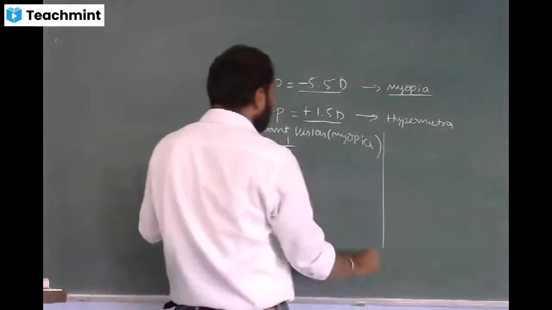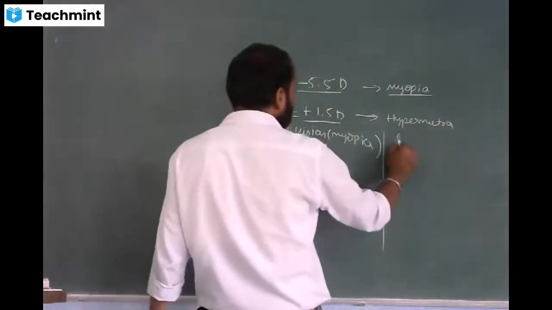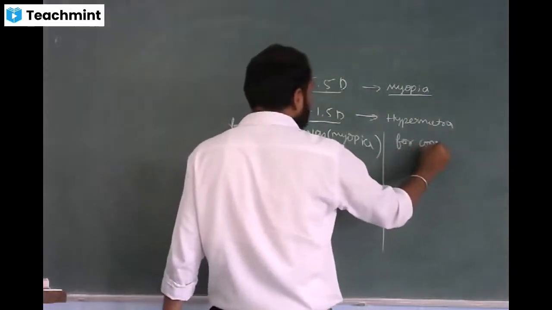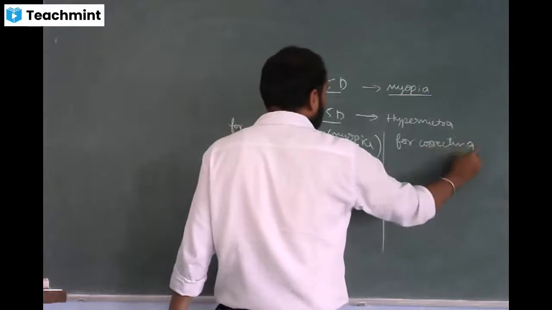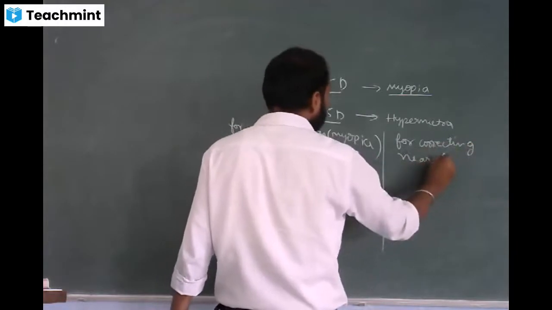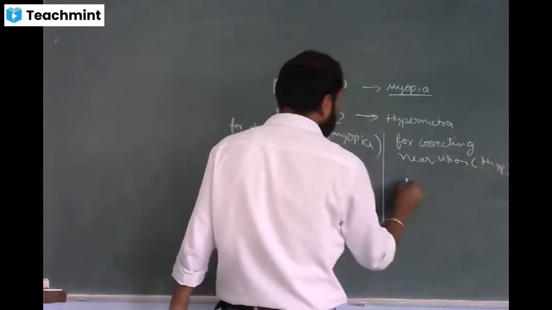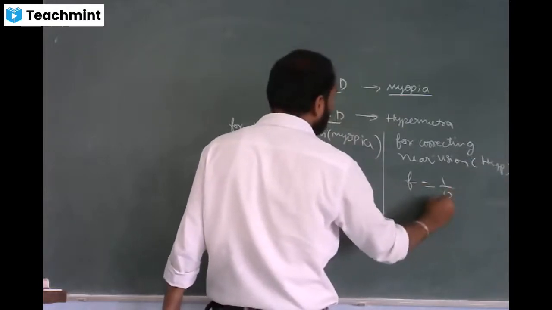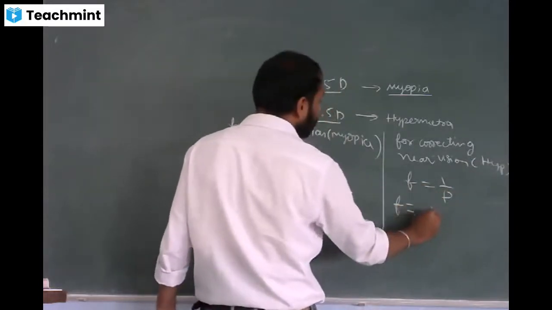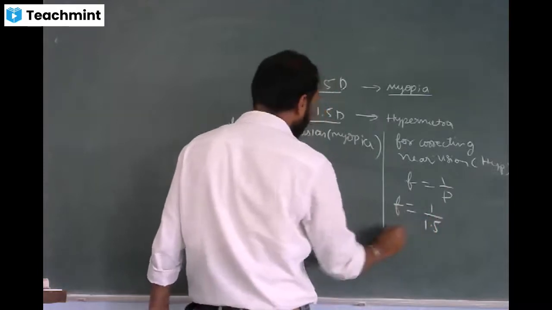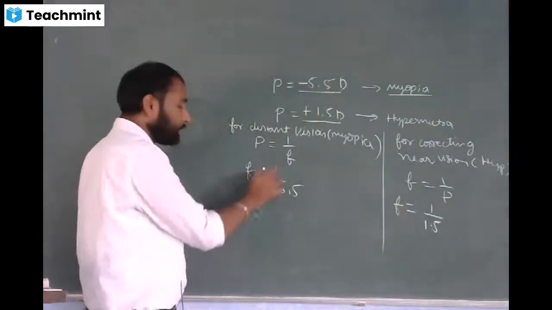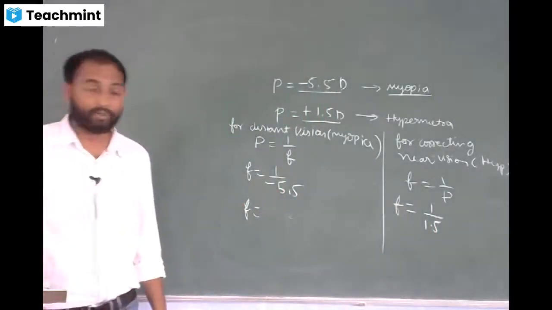Similarly, for correcting near vision, that is hypermetropia, focal length is equal to 1 divided by the power of the lens. So focal length is equal to 1 divided by 1.5. Calculate: what is 1 by 1.5 and 1 by minus 5.5?